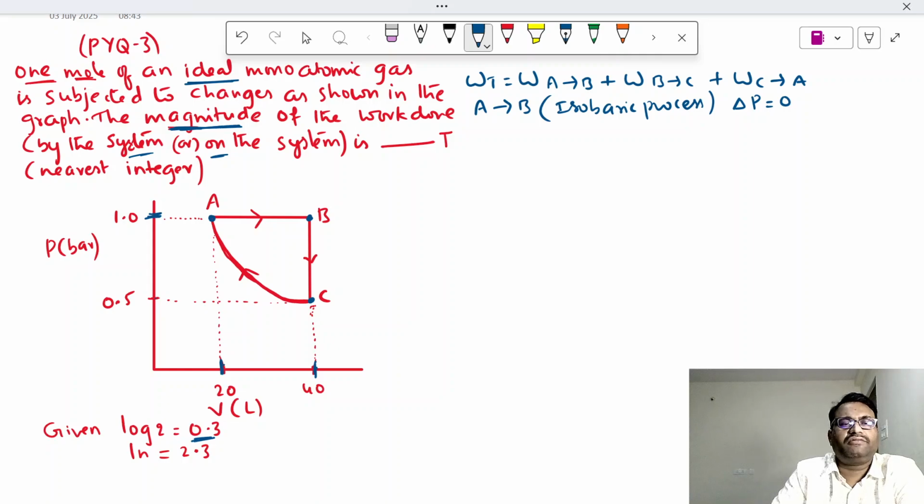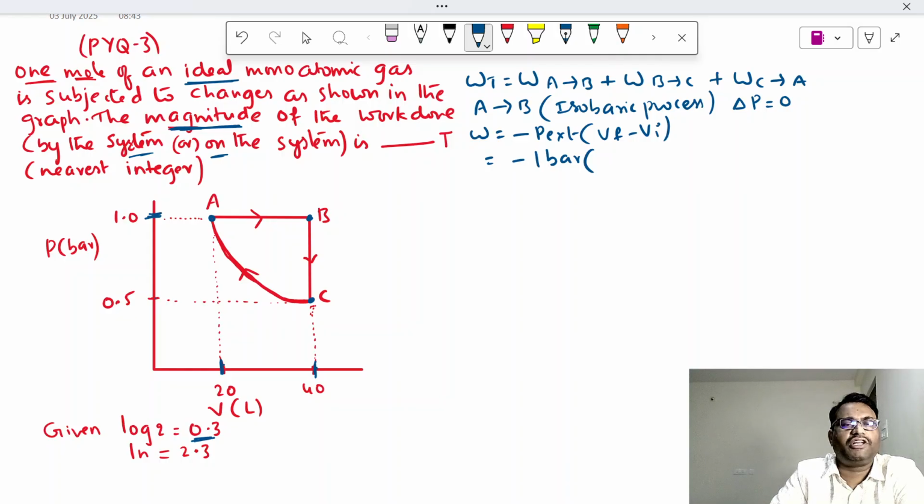Then work done in an isobaric process is given by work done is equal to minus P external into V final minus V initial. That is equal to external pressure, which is 1 bar, into V final.